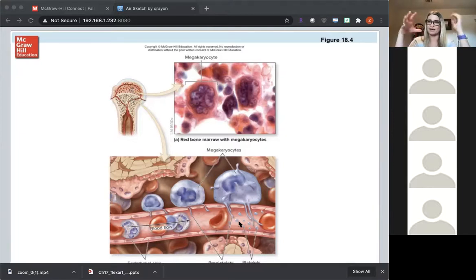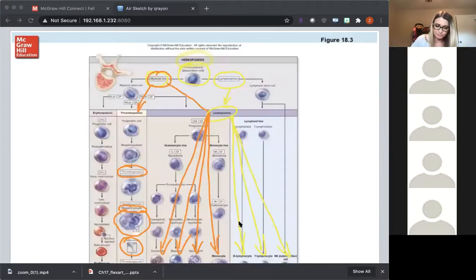And eventually the megakaryocyte becomes smaller and smaller because it gets chopped up into little platelet pieces. So that's how platelet formation works. So know the thrombopoietin and know the term megakaryocyte, because that's what gives rise to the platelets. And kind of just be generally aware of how those platelets get chopped off. The last thing, erythropoiesis. Erythropoiesis is formation of erythrocytes, and these are the red blood cells.